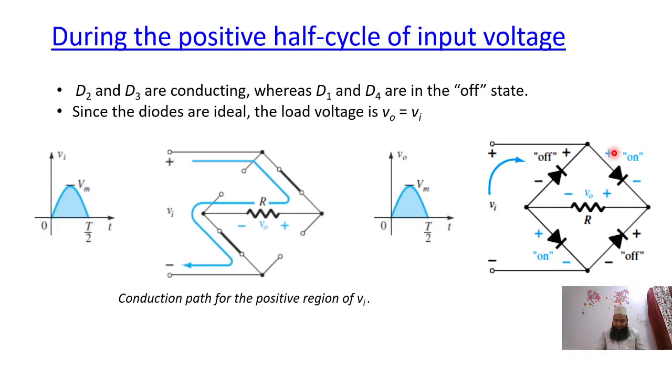This terminal is positive and this point is negative. This is forward bias. Again, this is negative and this is positive. This diode is also reverse bias and it is treated as an off switch.